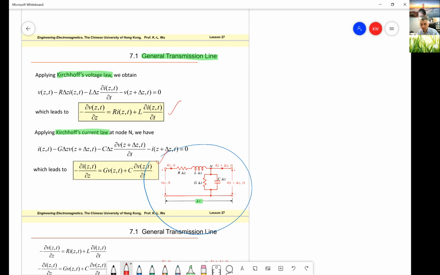But for the transmission line equations, you have to remember or derive them. How to derive? Starting from this circuit model.